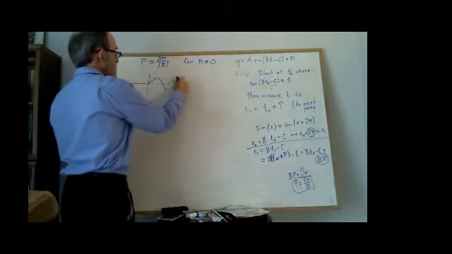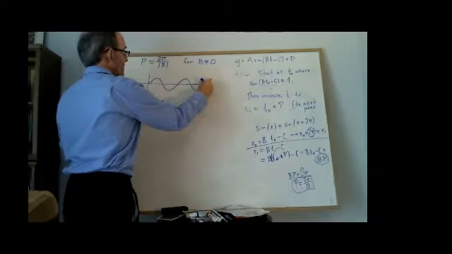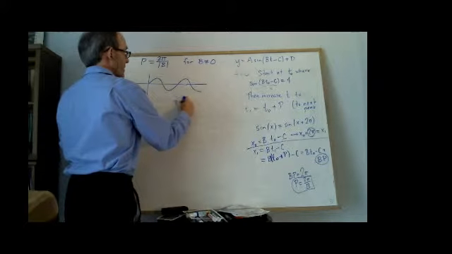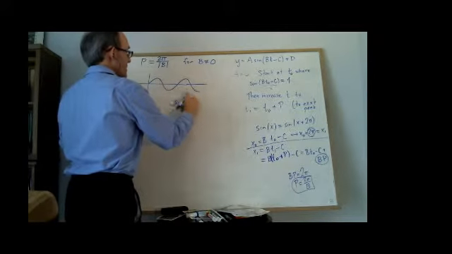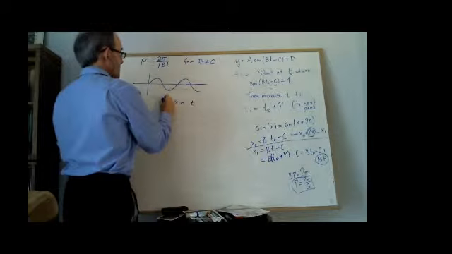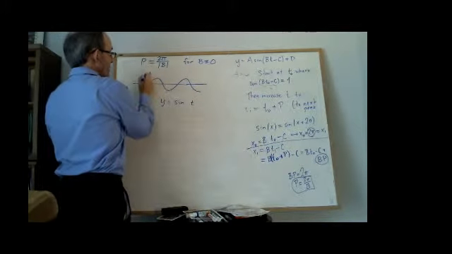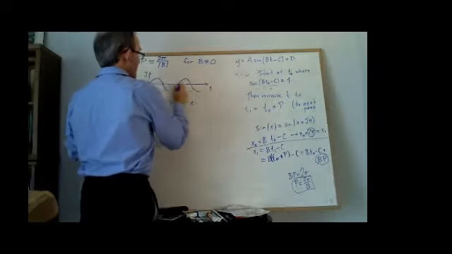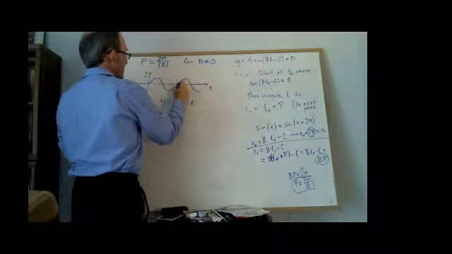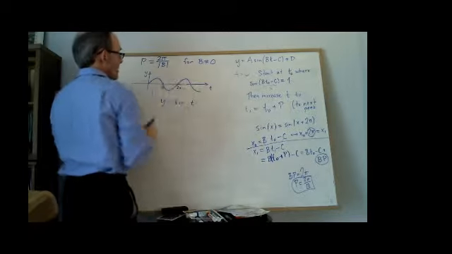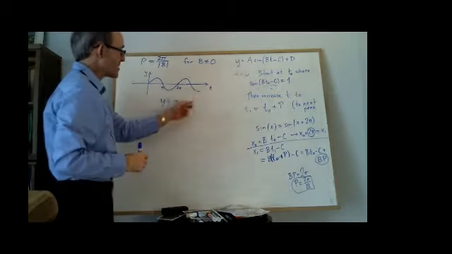Here we're starting with the standard sine function, say sine of t. So this would be y, this would be the t axis, this would be pi, this would be 2 pi. So t is measured in radians.